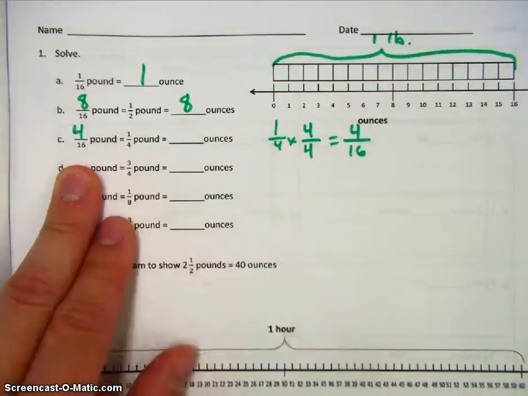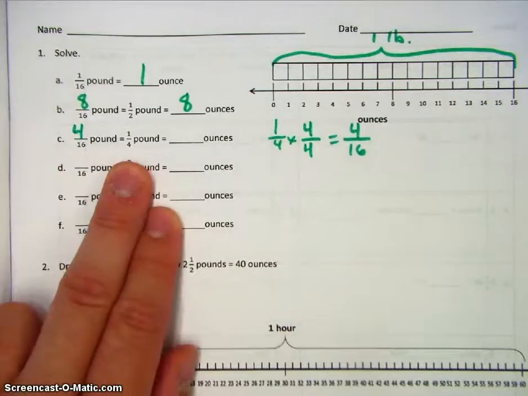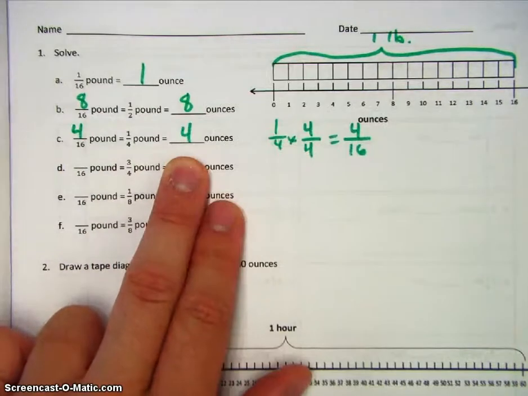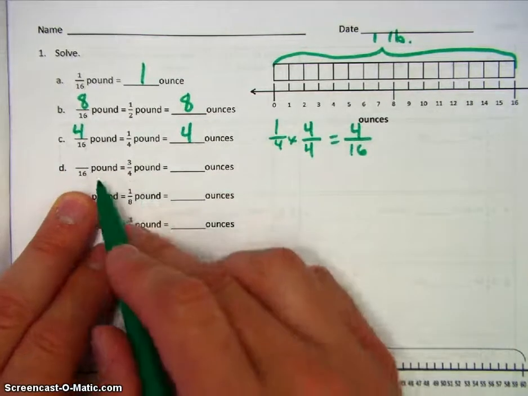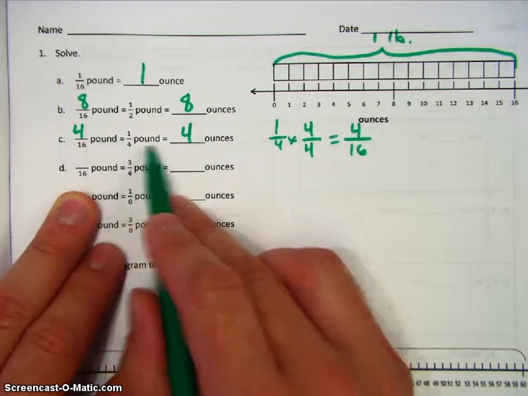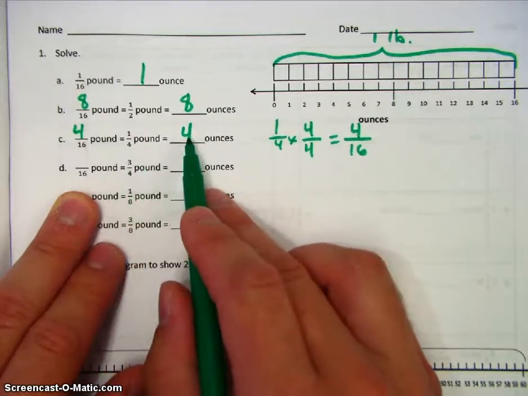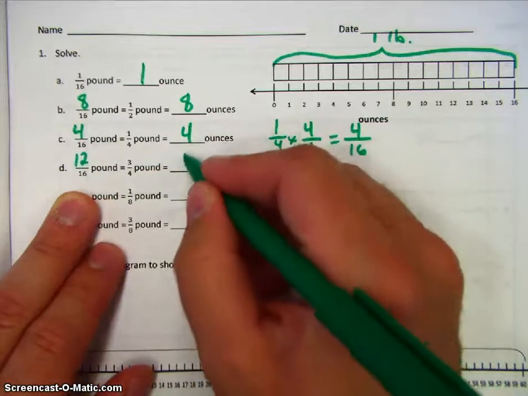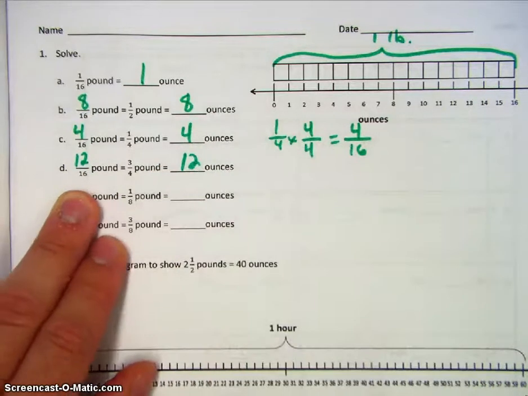So 4/16 of a pound is 1/4 of a pound, which is then 4 ounces. Now 3/4 of a pound. If 1/4 of a pound is 4 ounces, we're going to have 3 of those. So that means we have 12/16 of a pound, which is 12 ounces.